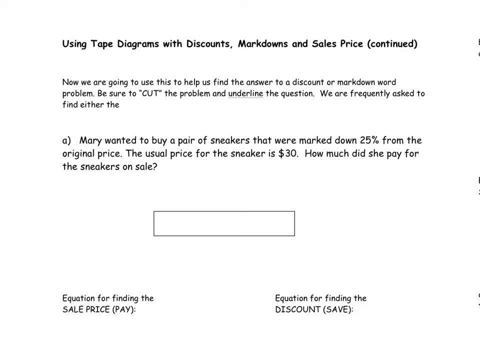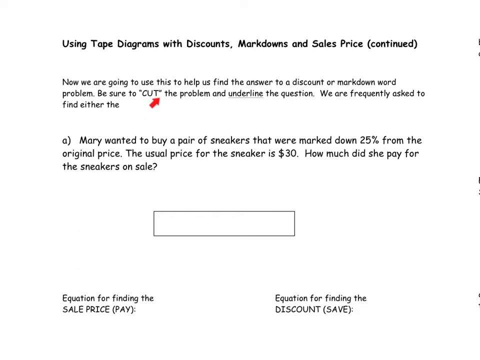Many of you went ahead and did this page, and I think that's marvelous. In fact, some of you went on, which is also marvelous. There's just some little details we need to discuss. So it said, now we're going to use this to help us find the answer to a discount or markdown word problem. Be sure to cut the problem and underline the question. So cut means circle or highlight important information, underline the question, and then try a strategy.